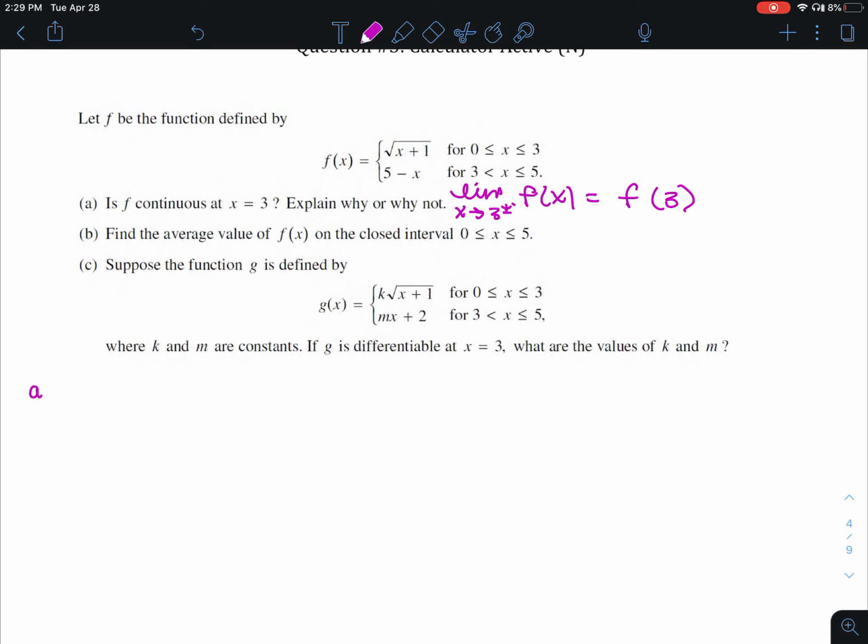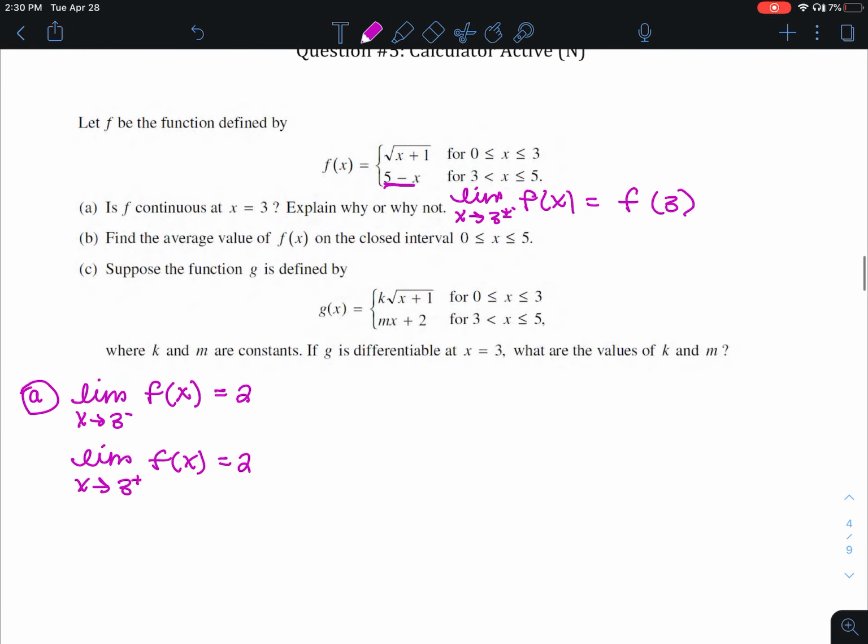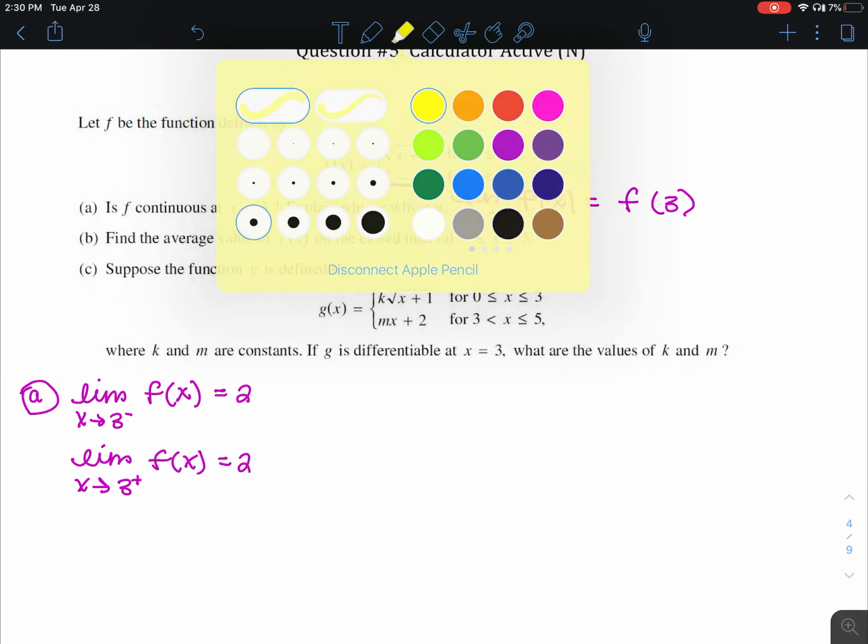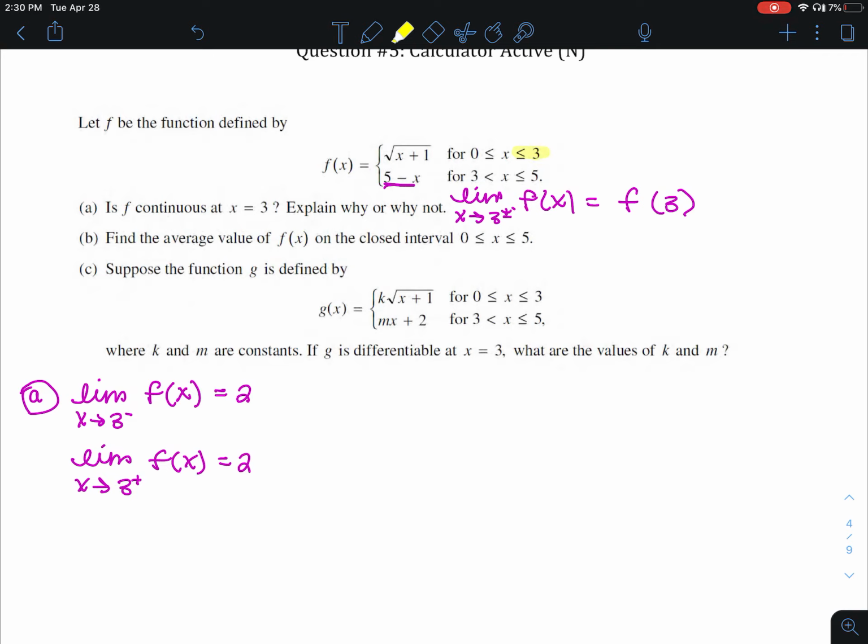Okay, so part A. I want to look at the limit as x approaches 3 from the left of f of x. And so that's the top function. So we're going to plug in 3, and I believe we get 2. And the limit as x approaches 3 from the right of f of x, we're going to do 5 minus 3. And so I believe we also get 2. The point for this function comes from this side, which we know to be 2.